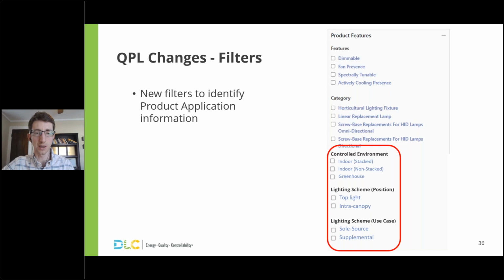For the product application information, there are the options here where you would be able to select one or more for each property, depending on what types of products you're looking for. And here you are able to select multiple options if preferred.